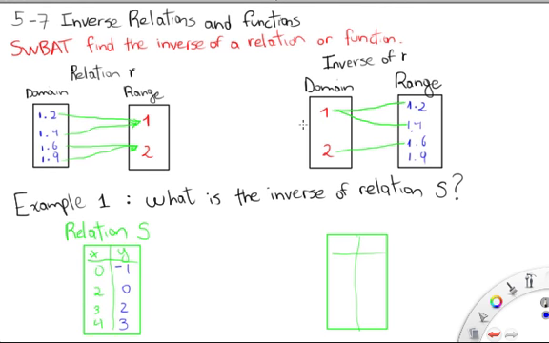So let's say that I want to find the inverse. If you look at the table above, I had my relation R here, and to find the inverse, I literally just reversed the domain with the range. So I'm going to do the same thing here.